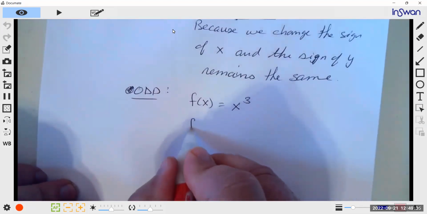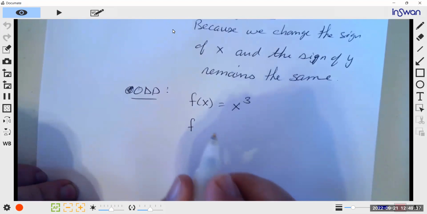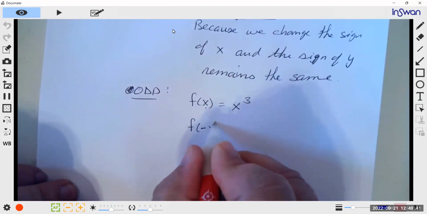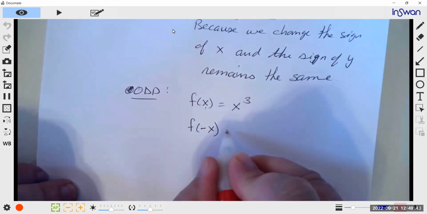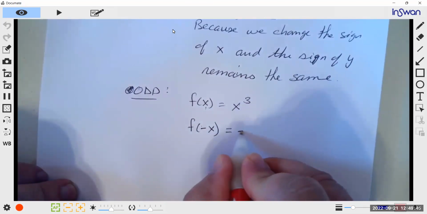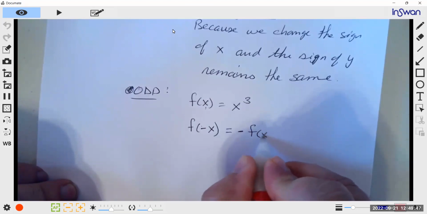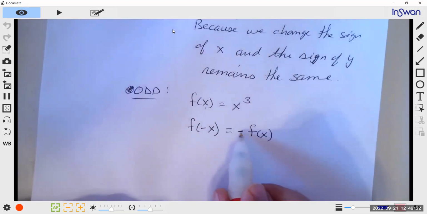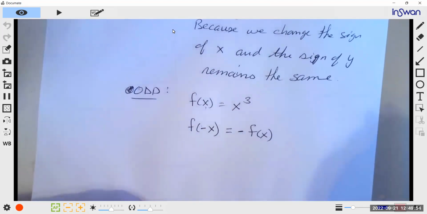What an odd function says is, if I change x to negative x, that will give me an answer that will be the same as the negative of the original.